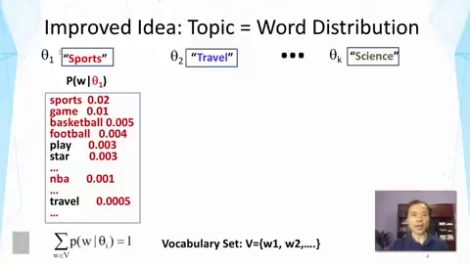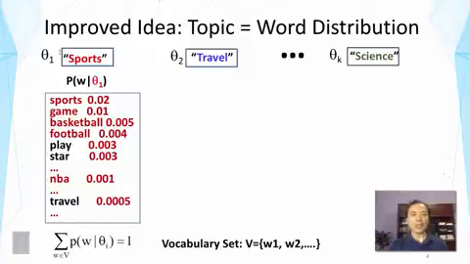So for example, the high probability words here are sports, game, basketball, football, play, star, etc. These are sports-related terms. And of course, it would also give a non-zero probability to some other word like travel, which might be related to sports, but in general, not so much related to the topic.